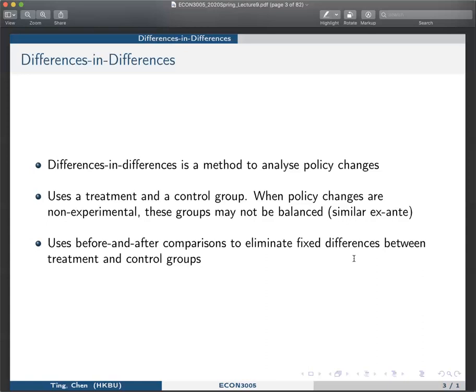You can see it as an advanced approach of applying this experiment-like approach.